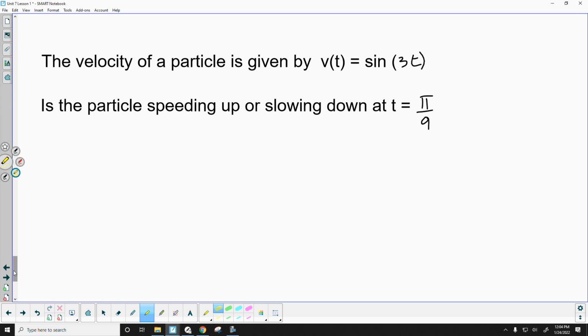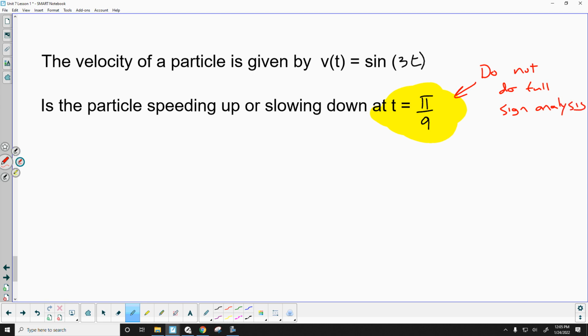Is the particle speeding up or slowing down at t equals pi over 9? We just did 2 questions in a row that involved kind of full-on sign analysis. Since you have 1 point, just like we did with the going towards or away from the origin, do not do a full sign analysis. You're going to waste your time.